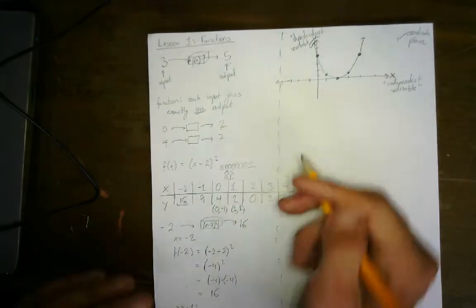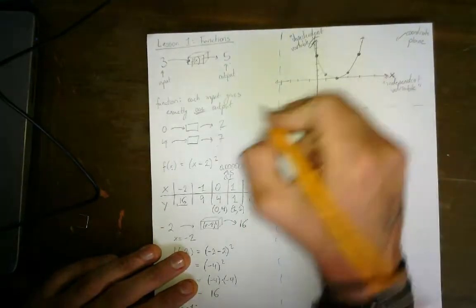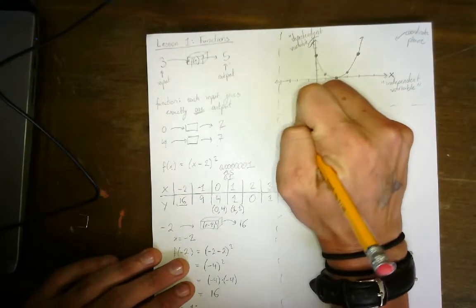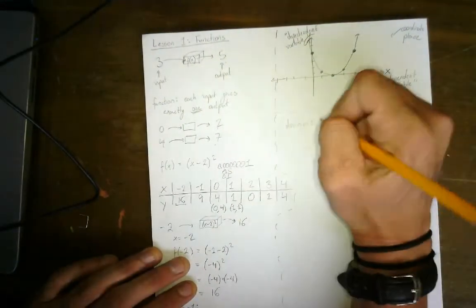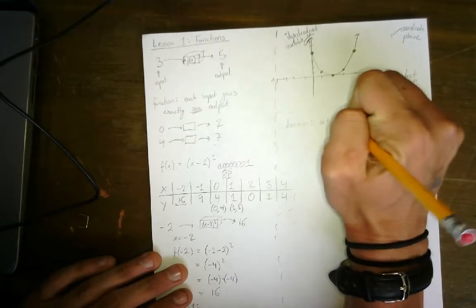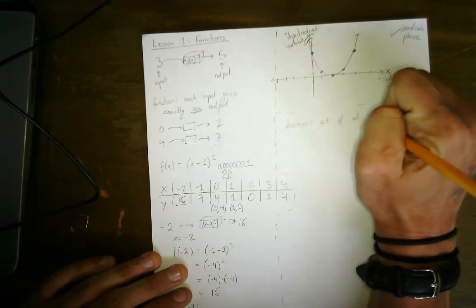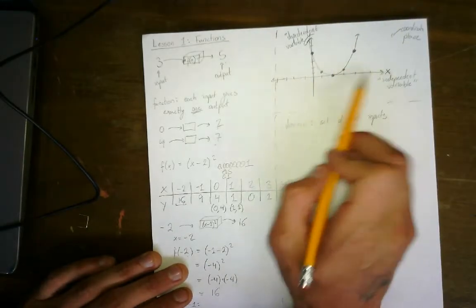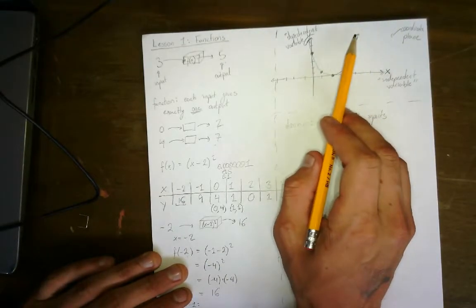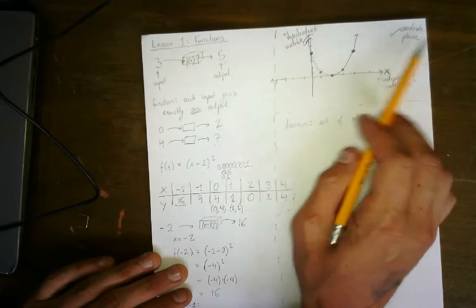So, two more concepts. We want to talk about domain and range. So domain is going to be the set of all inputs. In this case, notice how we can choose any x we want. The arrow is saying it's going to go that way forever.